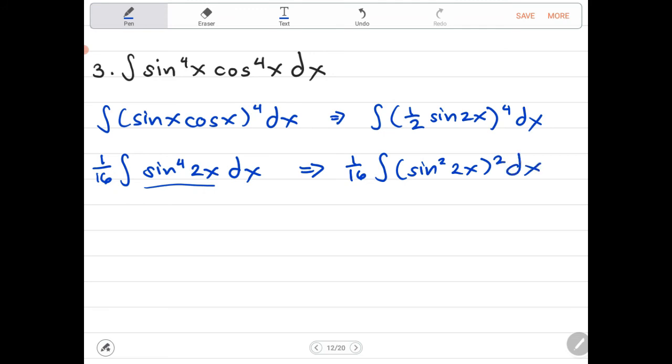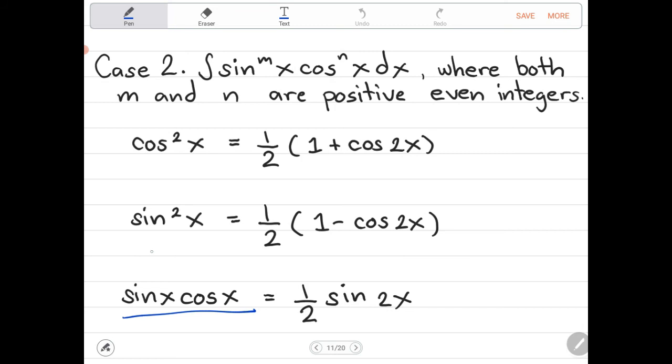So decomposing, let us decompose sine raised to 4 2x. It can be sine squared 2x squared. Another substitution: 1 over 16, the integral of this one.